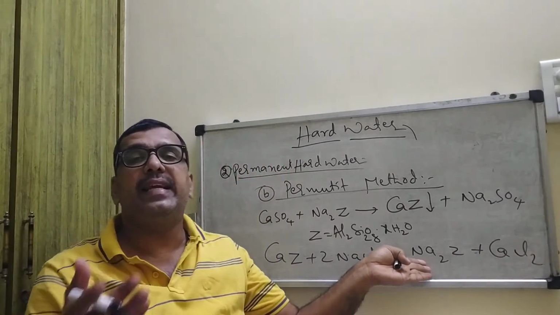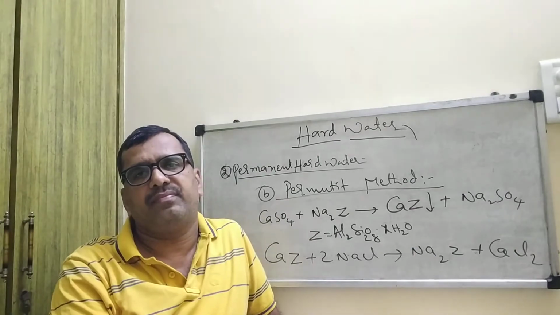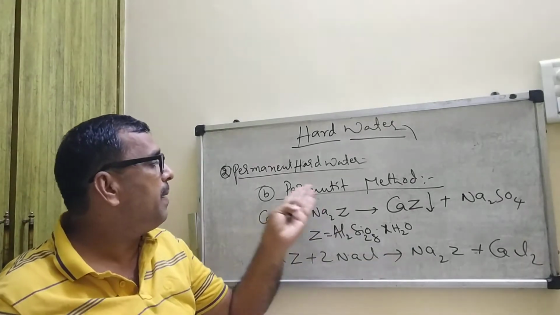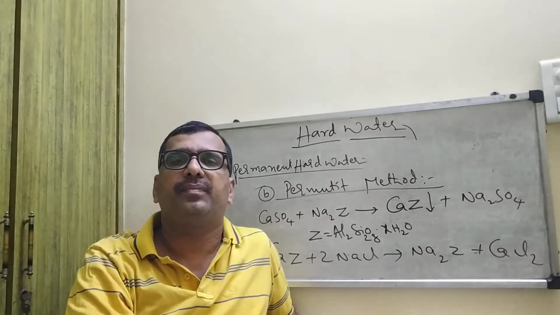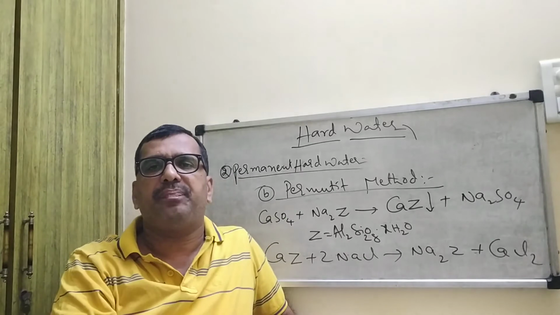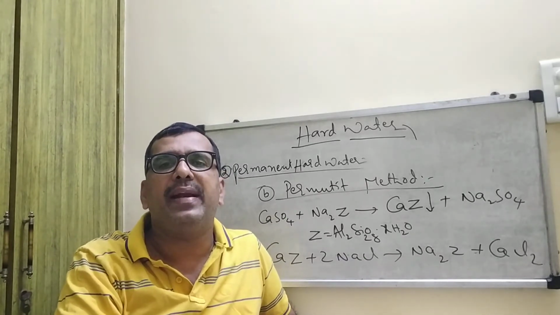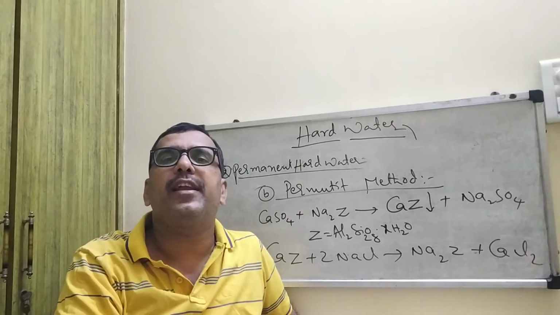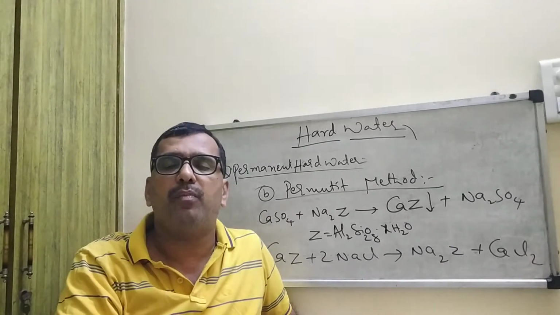This is called reconversion. This product is eliminated and removed. This process is very cheap for the removal of permanent as well as temporary hardness of water. This is very, very important.